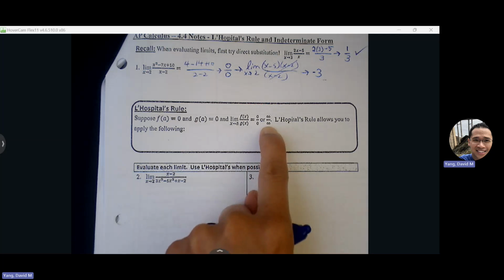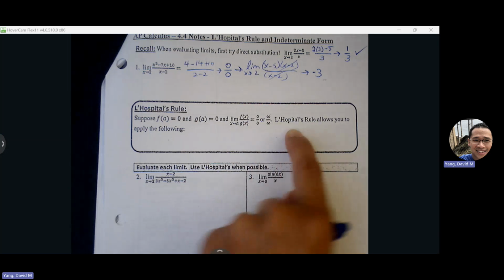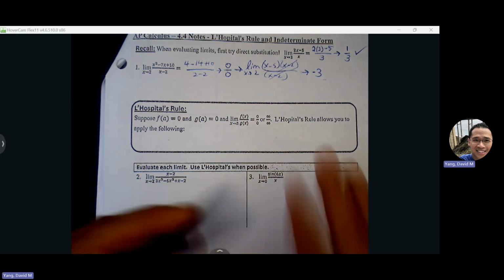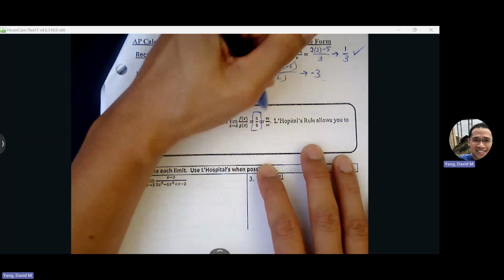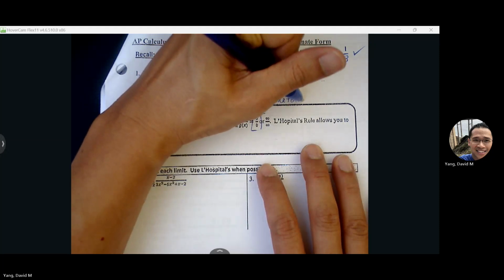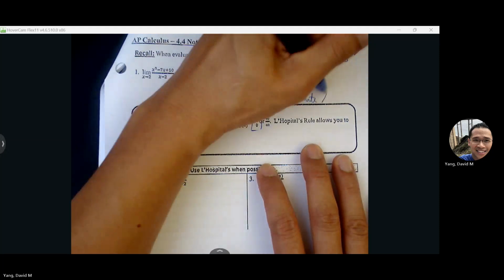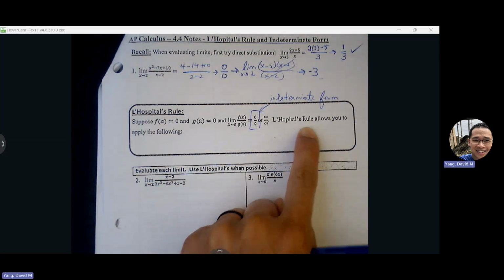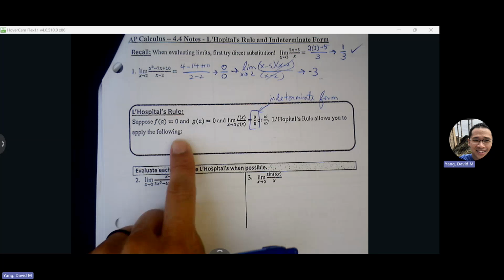It also works for infinity over infinity, but it tends to be not as helpful because I think the method that we use right now with comparing degrees is faster, but it's more useful for 0 over 0. So if we get a 0 over 0, we call this indeterminate form. If we get an indeterminate form, L'Hopital's rule allows us to apply the following.